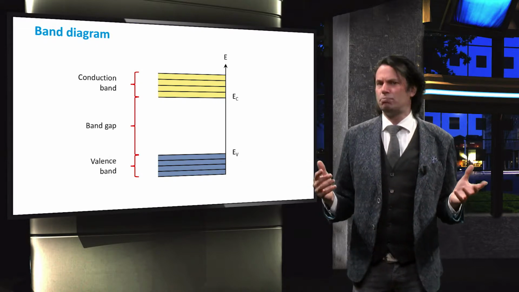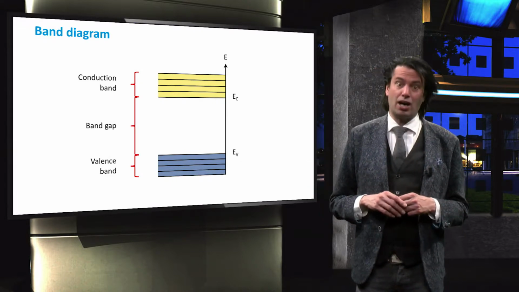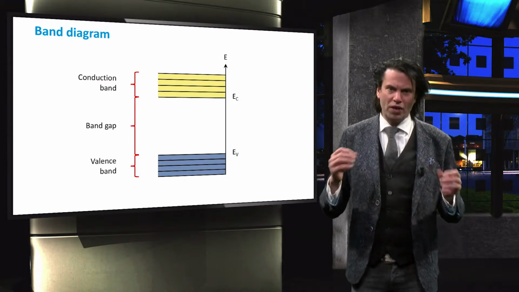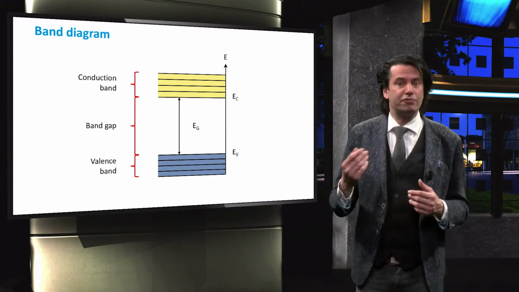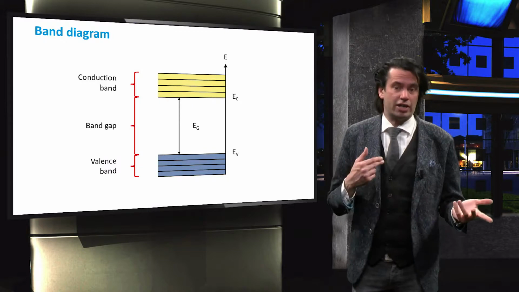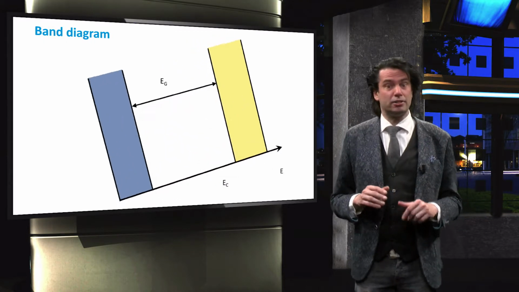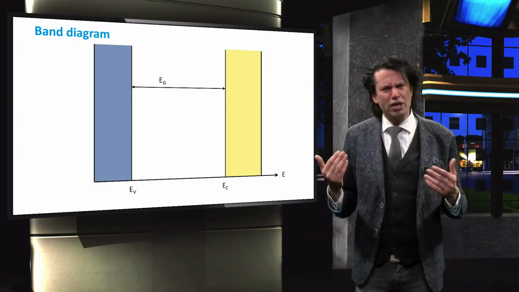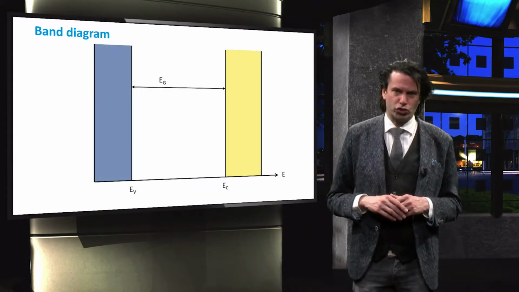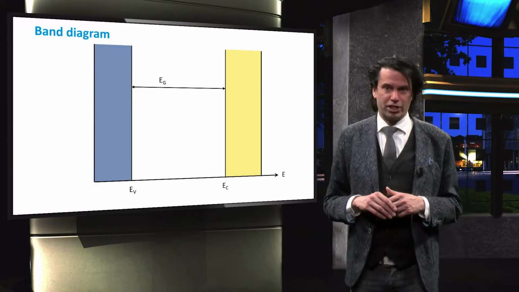The energy levels between the valence and conduction band are in the band gap, with the band gap energy defined as the difference between the conduction band edge and the valence band edge. For convenience sake, we will rotate the band diagram figure to look at the density of states function of crystalline and amorphous silicon.